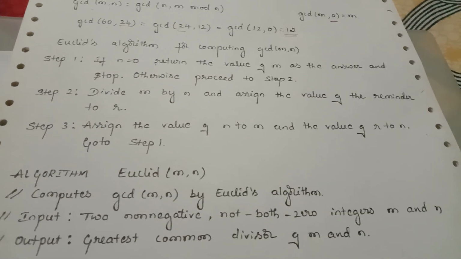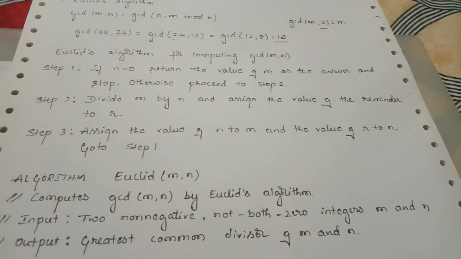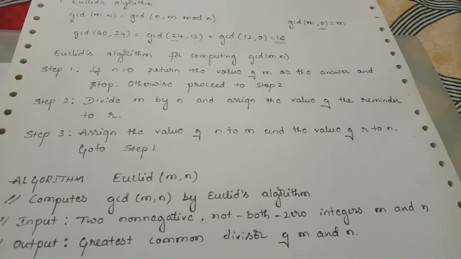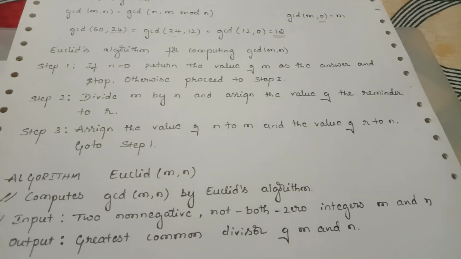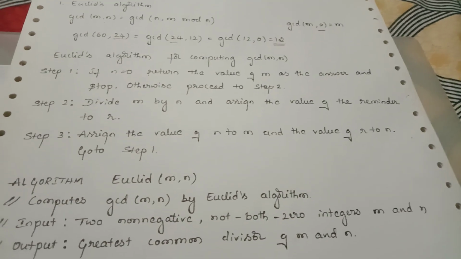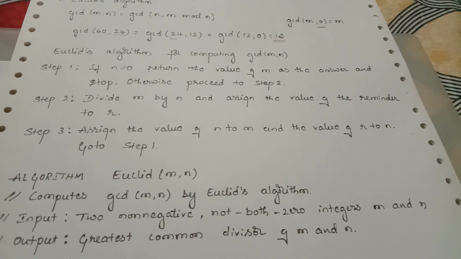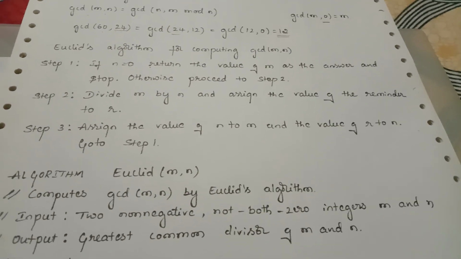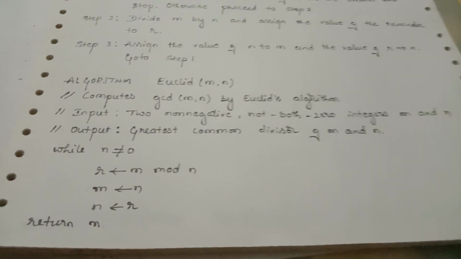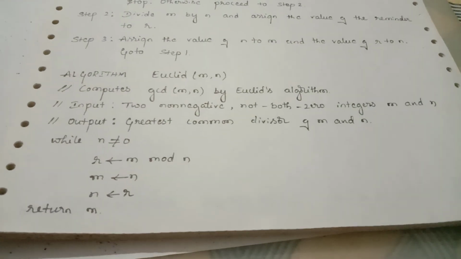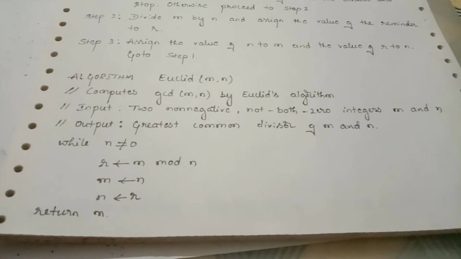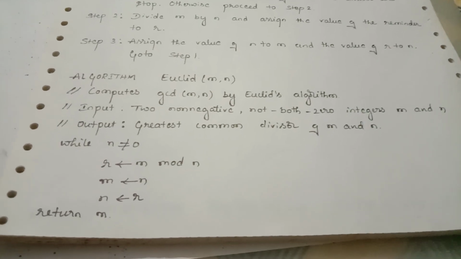So this is the algorithm, that is, the formula explained step by step. It is a sequential procedure to be executed one after the other, and it is written completely in the English language. The next one is the same algorithm written using some programming constructs of the C language particularly.